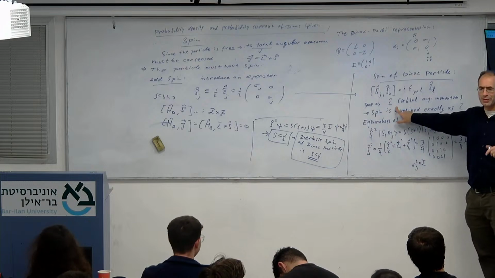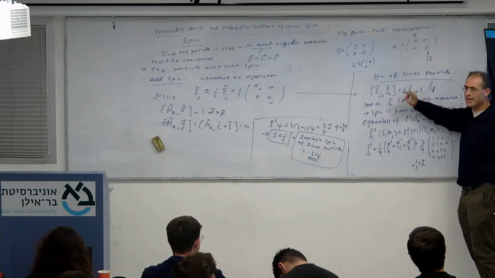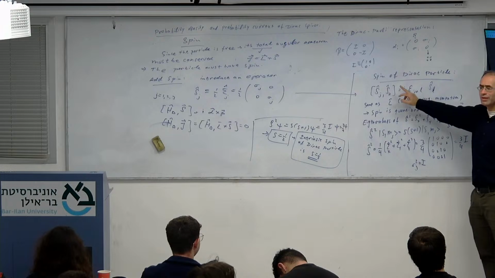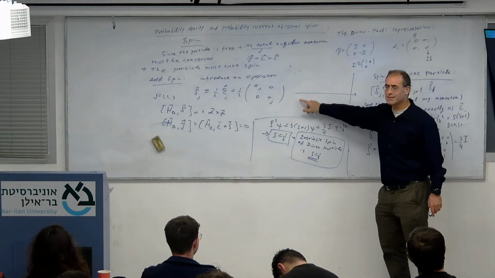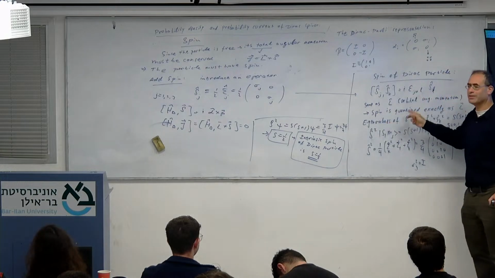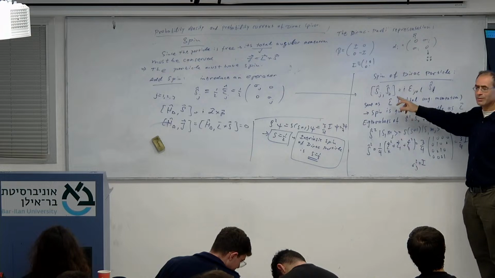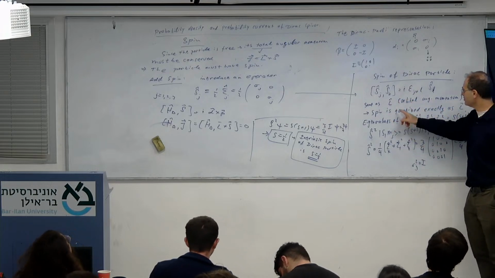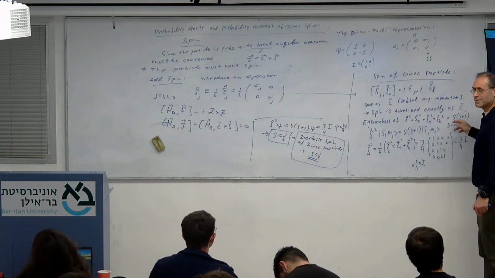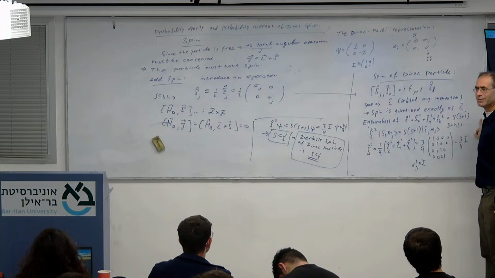What I argued is that S has the same commutation relations as the orbital angular momentum L. And you saw that L, when acting on psi, gives you an eigenvalue, which is l(l+1). So S will give you the same eigenvalue.